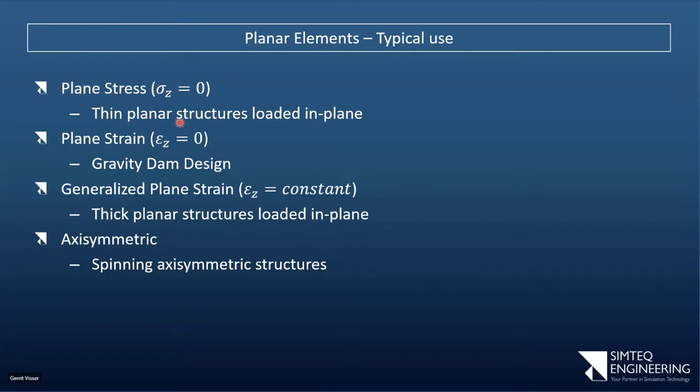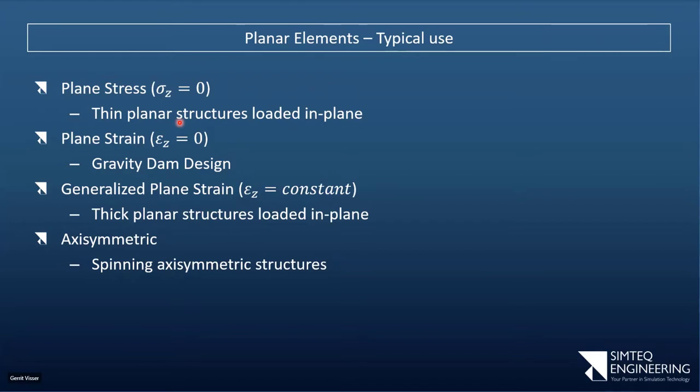So z in this definition will always be the thickness direction. This is typical of thin structures loaded in plane. Plane strain is the opposite, where there's no strain in the z direction, otherwise no strain in the normal direction, but there is a stress in that direction. So typically a gravity dam kind of design.